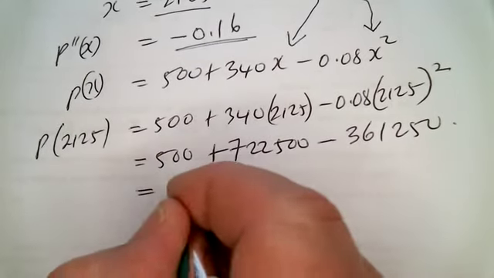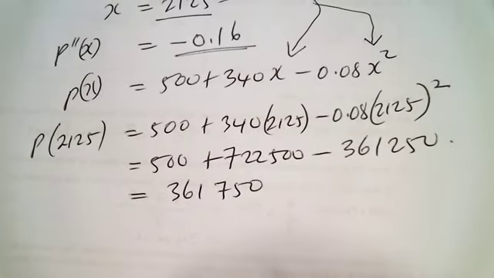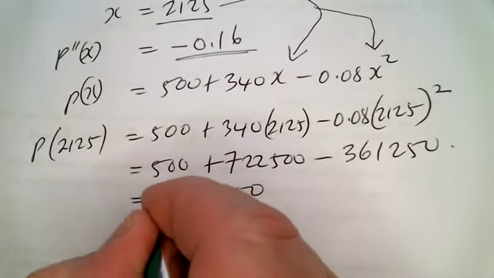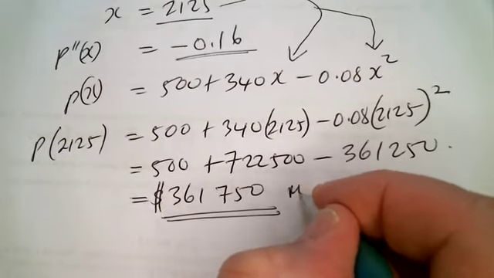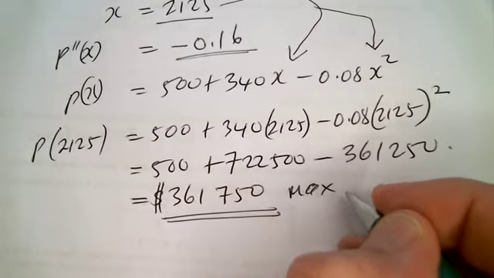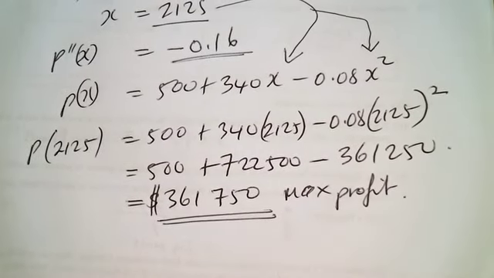I'll leave a gap in there as we want to space them out in groups of 3. And that, of course, is dollars because it's going to be profit. And that one I'll just put here, max profit. And that is how I would find the answer. Hope that makes sense. Do let me know if that works for you.